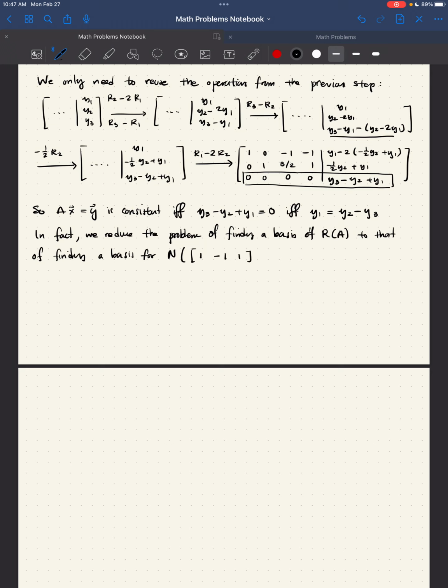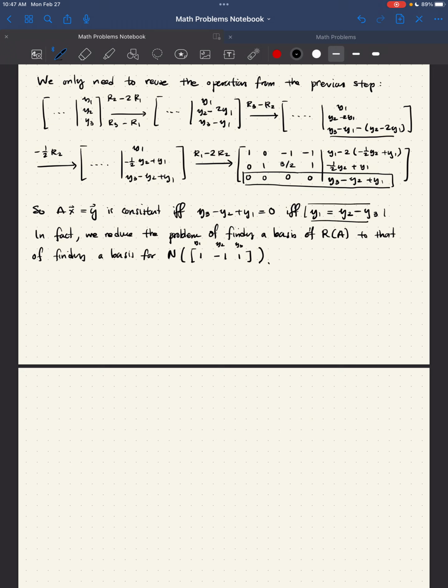You may say, why? Well, look. This is y1, this is y2, and this is y3. So, in general, we reduce the problem of finding a basis for the range of A to that of finding the null space of another matrix. In this case, the equations are simple enough so that we can explicitly write things out.